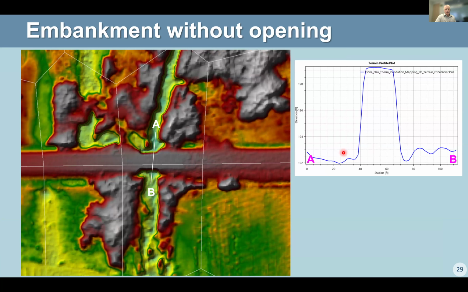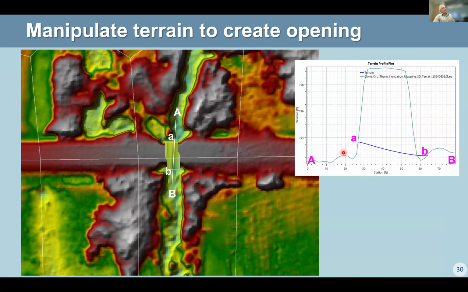So there are actually two ways to deal with this. One, today it's very easy in RAS to go in here and just sculpt out an opening in this embankment. You can also have your GIS folks do this right in your terrain.